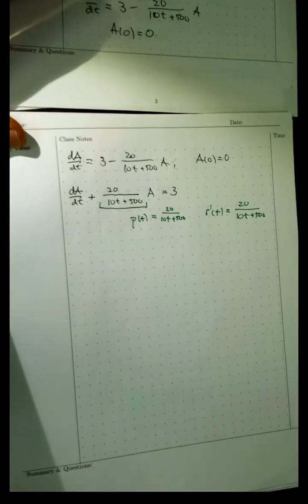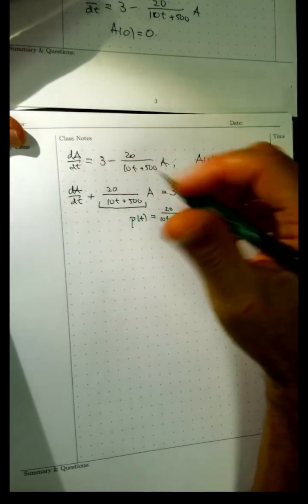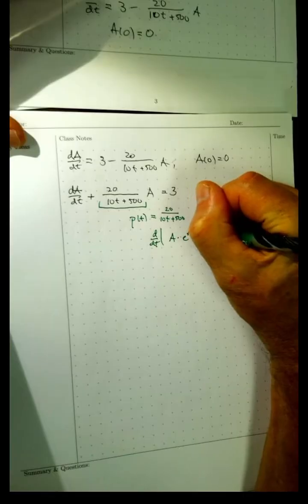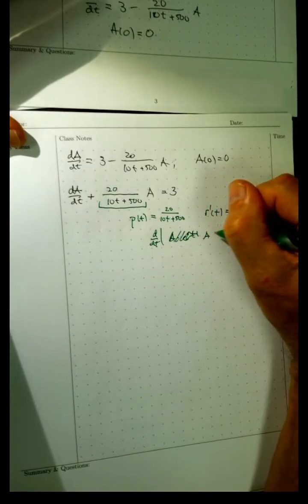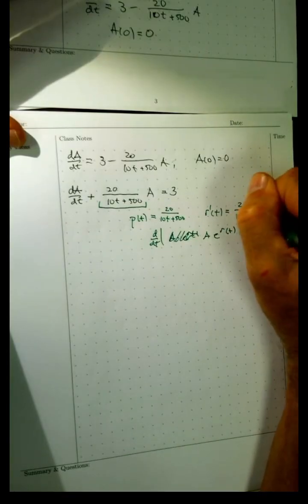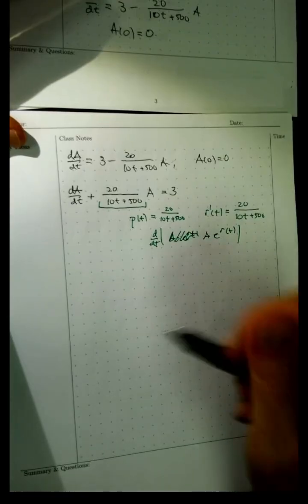I'm going to integrate that to figure out R, take e to the R, and multiply both sides. If I've done everything right, the left-hand side is going to be the derivative of A times e to the R. If that doesn't work, I did something wrong.